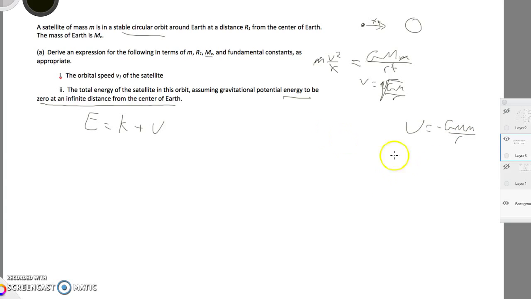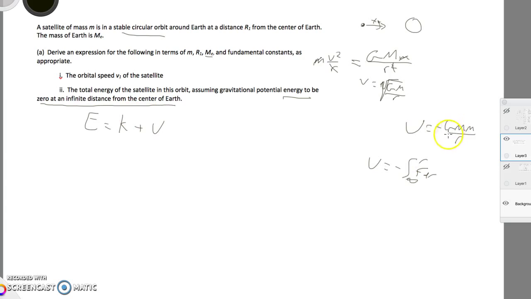Where that comes from is when we integrate the force to get U, we're integrating from infinity to r, okay? And so that's basically how we find this value.